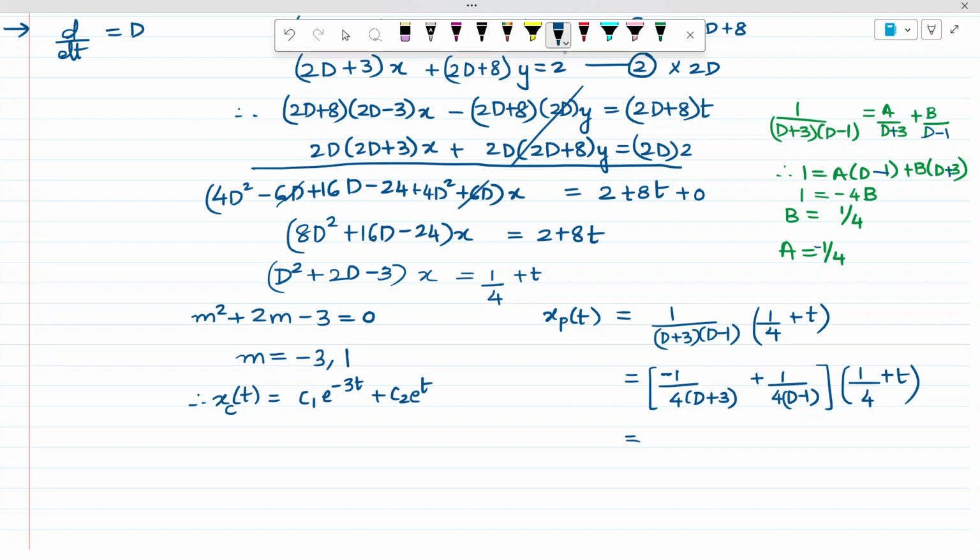What's the formula for the operator here? You've done this in BSc.